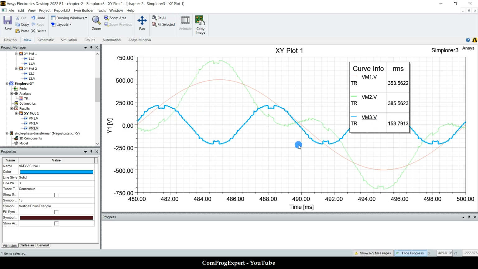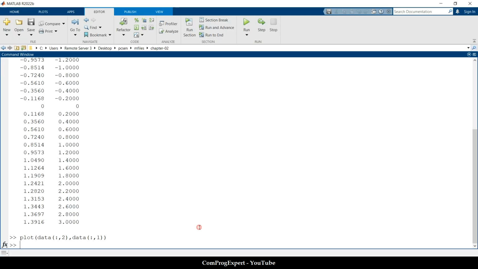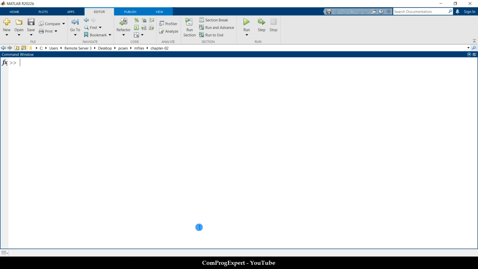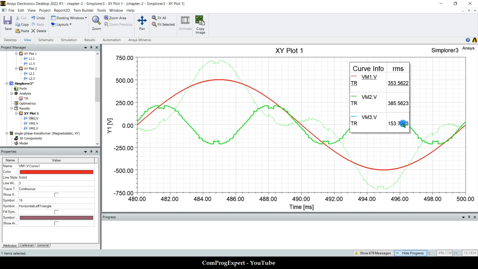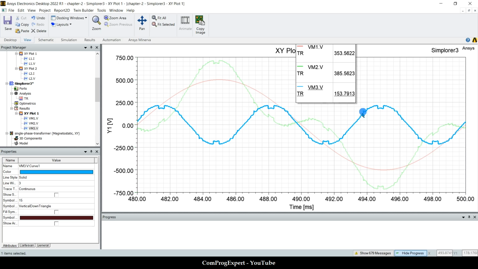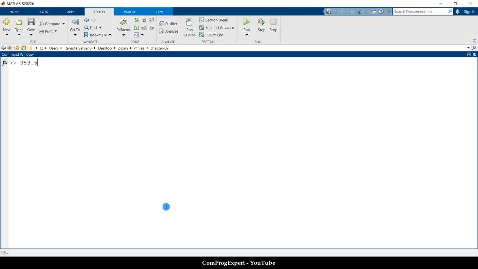In the simulator, we are considering all harmonics, but let's check. 353.5, the voltage of the supply. What is the voltage of the neutral point of the load with respect to the source? 153.7. Plus 153.7 to the power 2, calculate the SQRT.